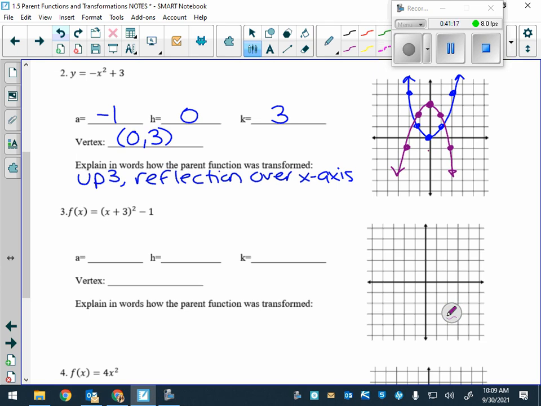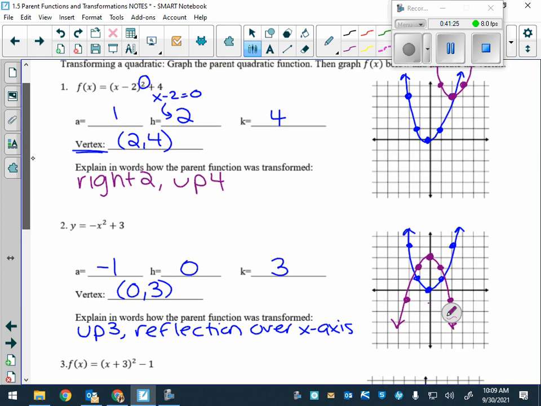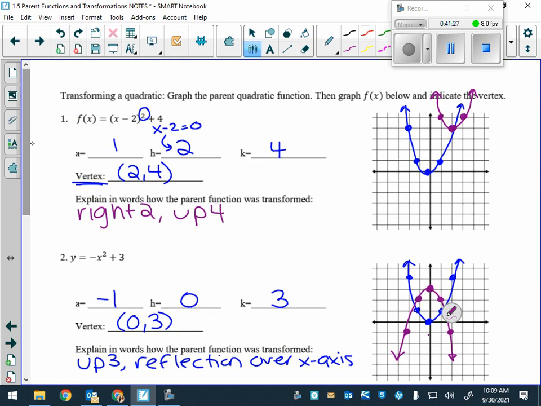Okay. So say if you forget that trick, right? Say if you're not sure or not confident in it, what you could do is do your table of values. However, when you do your table of values, you don't have to do -2 to 2. You start with the new vertex in the middle and pick 2 values below, 2 values above.